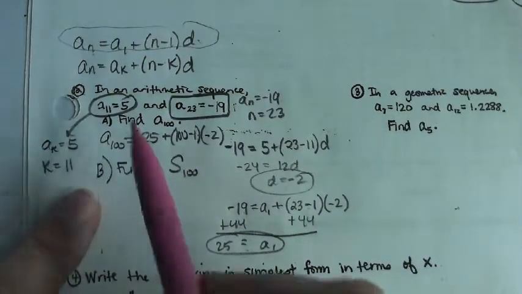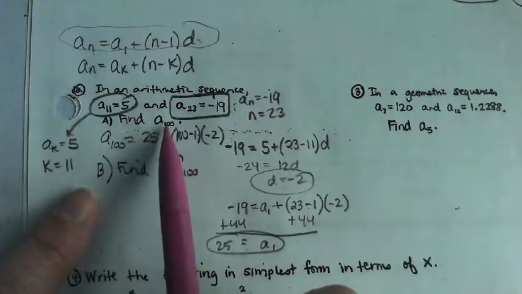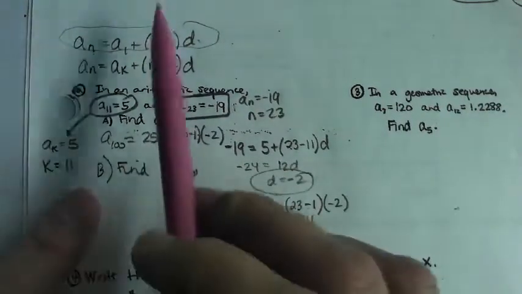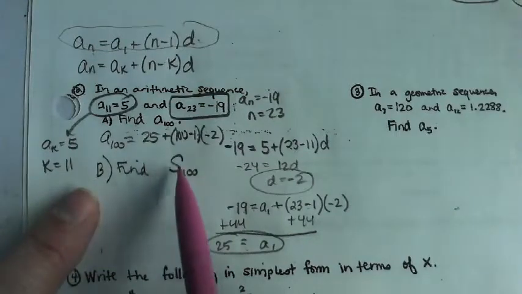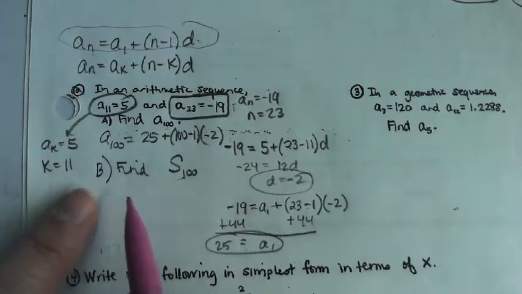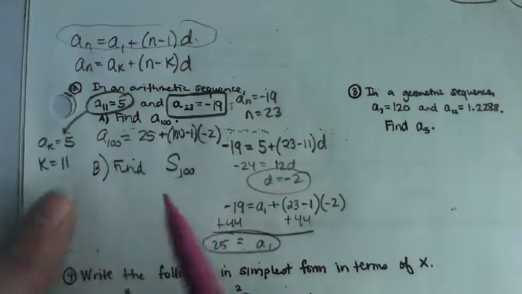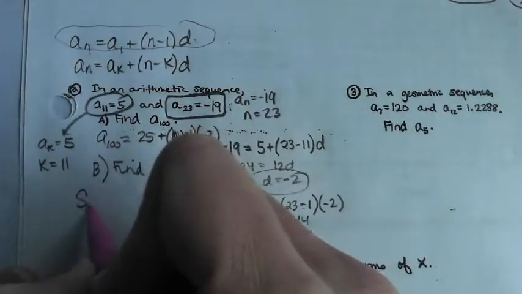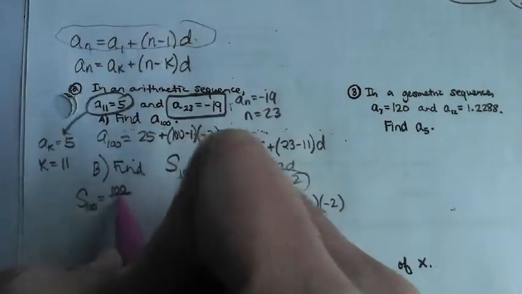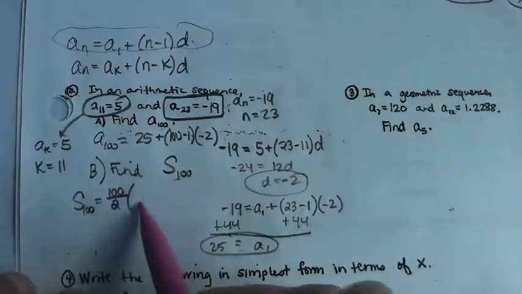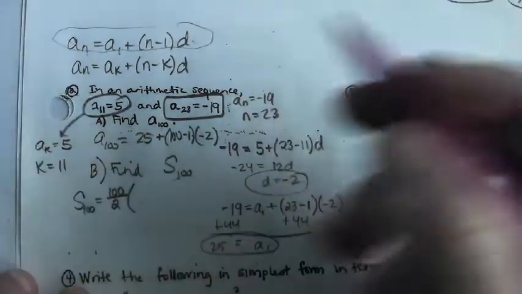Okay. So the difference between A and B, A is find the 100th term. That's a sequence formula. Find S sub 100 means the sum of all of the first 100 terms. So that's the one formula we're not going to be given. That's 100 over 2 equals A sub 1, which is 25.